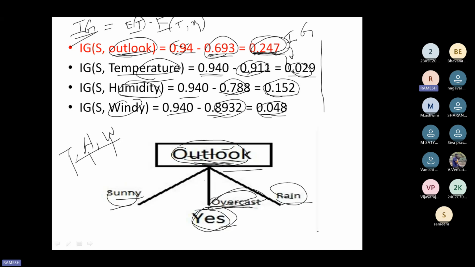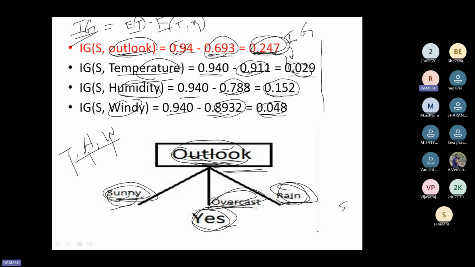But when the outlook is sunny or rainy, which column should we check? Understood? This is just one part. We just decided the root node as outlook. For that, we are going to split the data in terms of sunny and in terms of rainy.